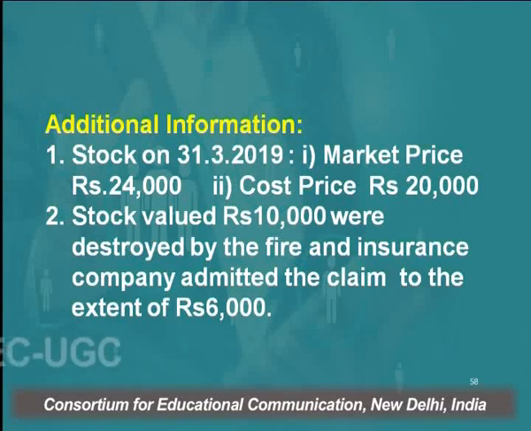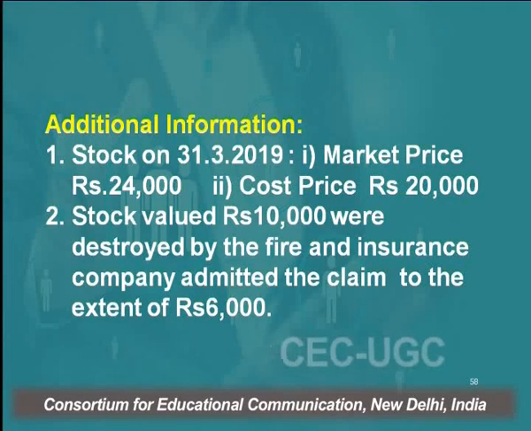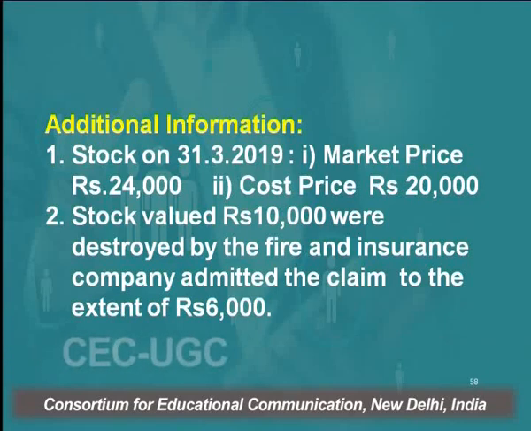The second item of additional information is that stock worth rupees 10,000 was destroyed by fire. This is a very important point, and the insurance company admitted the claim only up to rupees 6,000. Goods destroyed by fire are an abnormal loss.